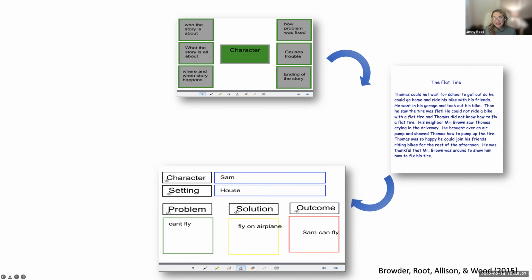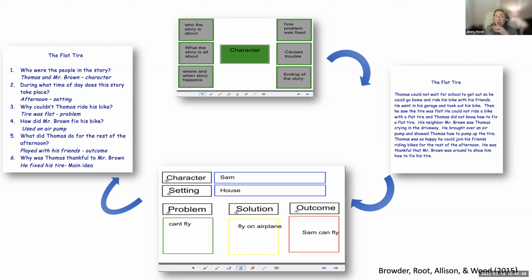And then if they still didn't get it correct, then we went back into the text and read the relevant portions and did that to fill out the graphic organizer, so that by the time the graphic organizer or the story map was completed, it was correct, right? Because we use system of least prompts. So it's going to be correct by the time it's finished.